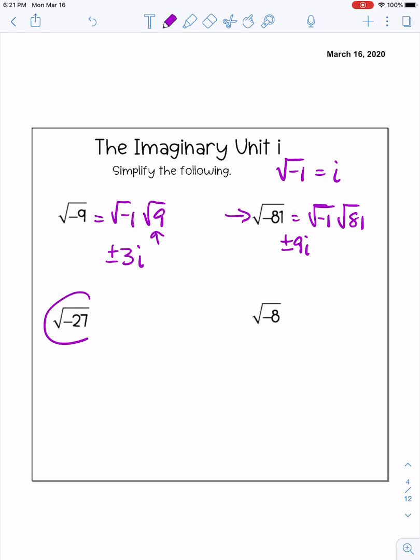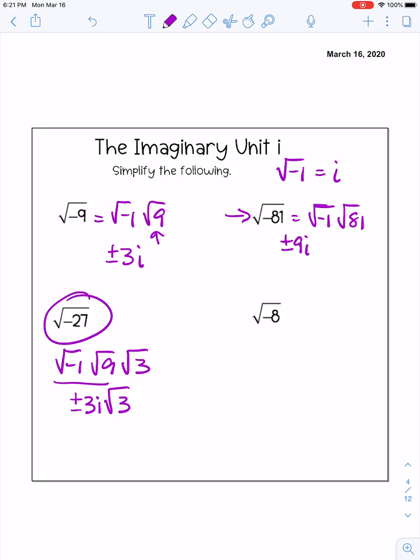However, square root of negative 27 is not. So I can rewrite that as the square root of negative 1 times the square root of 9 times the square root of 3. Again, this can be rewritten as plus or minus 3i times square root of 3, and the square root of 3 I can't do anything with, so I'm just going to leave it alone.